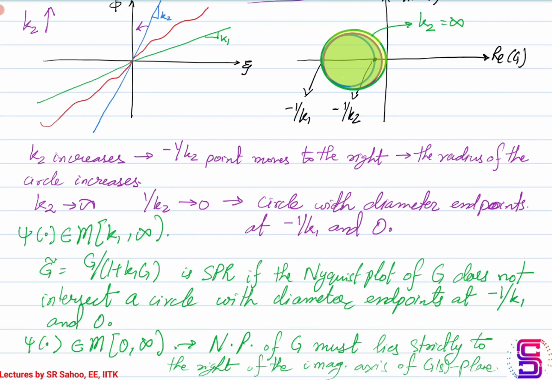And if the sector nonlinearity is defined to lie on the sector 0 to infinity, then the Nyquist plot of G must strictly lie to the right of the imaginary axis of the GS plane. Okay, this is what we have for all the four sectors that we had seen, with the fact that K1 and K2 are positive wherever they occur.